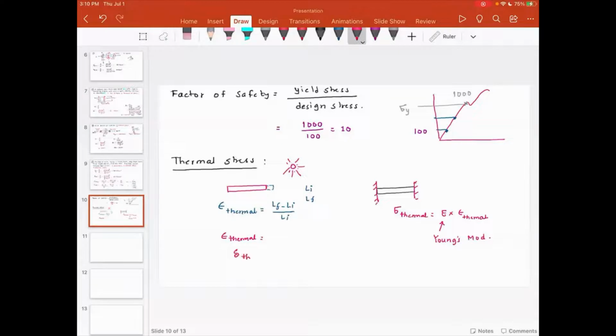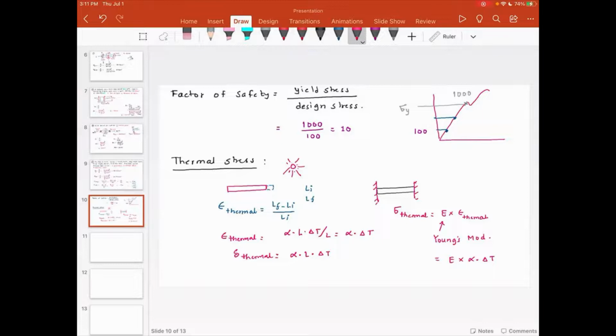So delta thermal is equal to alpha times L times delta T. And epsilon thermal is alpha L delta T divided by L, so alpha times delta T. And thermal stress is the Young's modulus times alpha times delta T. So thermal stresses come into existence when you have a component that is subjected to a change in temperature.